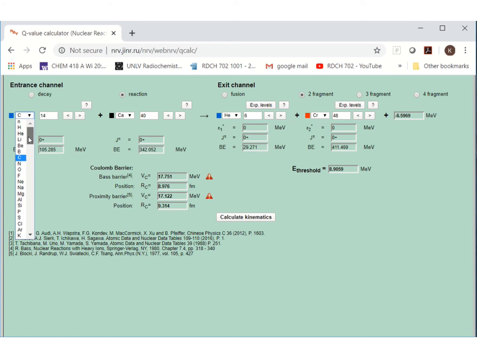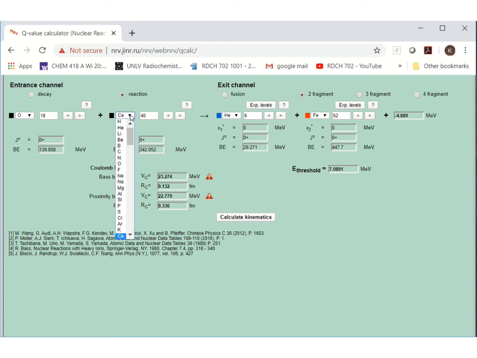Let's try something that I did as a graduate student. I would take oxygen 18 and bombard it into curium 248.